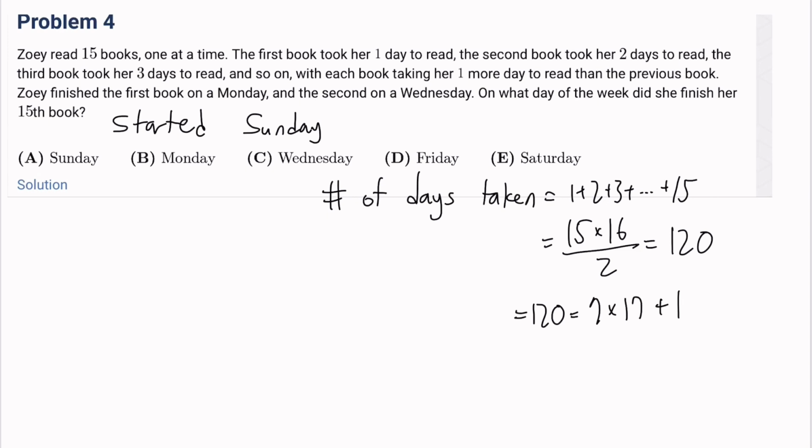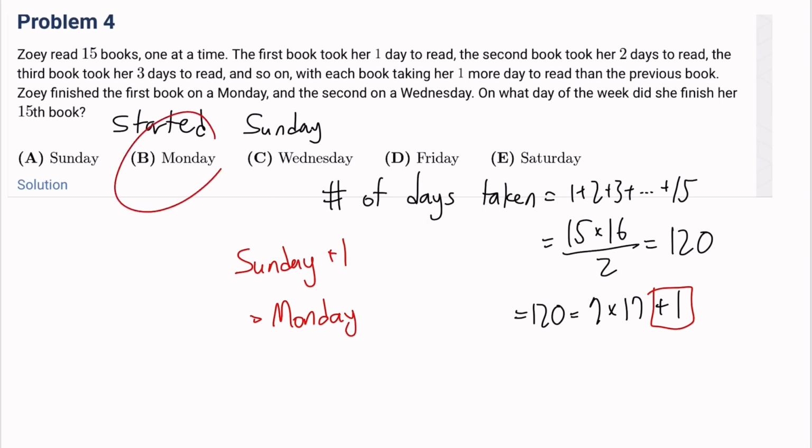And so this plus 1 is what is important, because it means Zoe took 17 weeks and 1 day more. And what day of the week did she finish her 15th book? Since she started on Sunday, she would have taken 1 more day, right? So Sunday plus 1 equals Monday. So the answer is B.